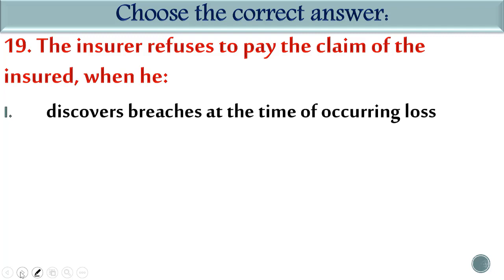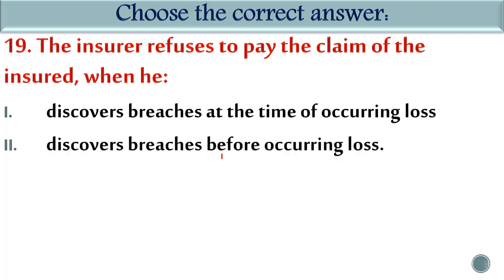If discovering the breach before occurring loss, the insurer can cancel the contract from the very beginning, almost as if it never existed.